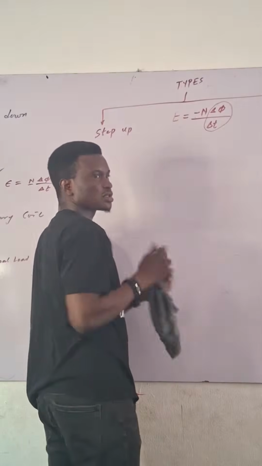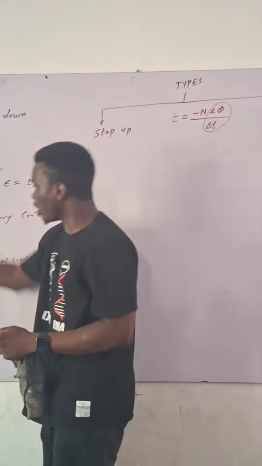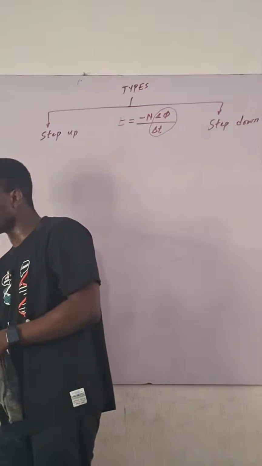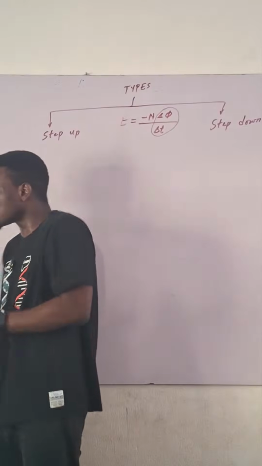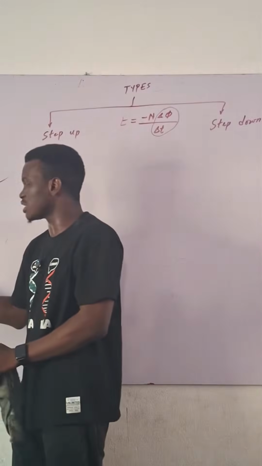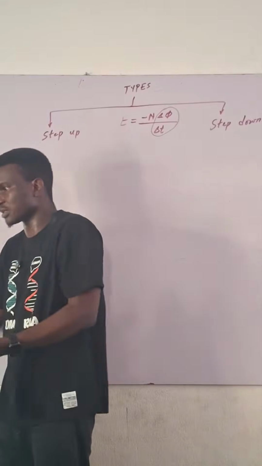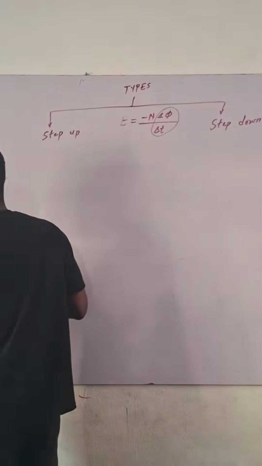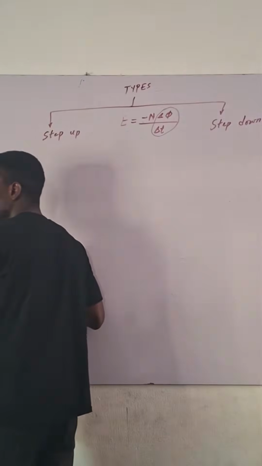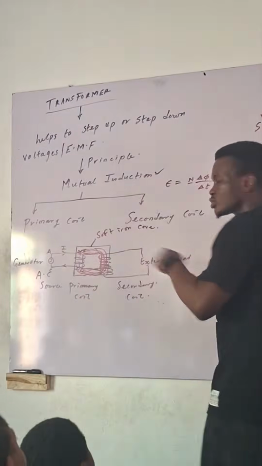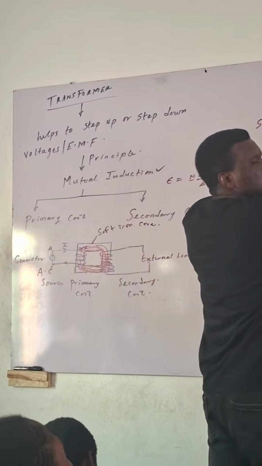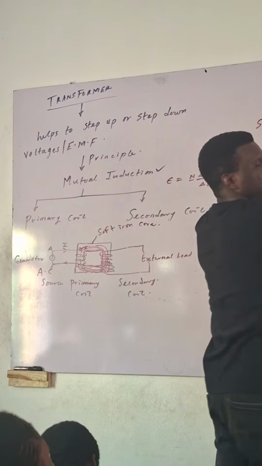I hope you're getting it. In a field, the number of magnetic field lines coming out from here is what is entering here. At the end of the day, we have held that flux constant. Which means the primary coil and the secondary coil have the same flux. But something is different. What is different in the primary and secondary here? The number of turns of those coils. So if you look at the formula, if I now ask what can help me to increase the EMF, it is the number of turns.